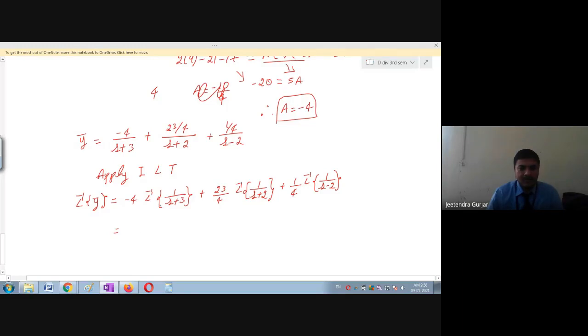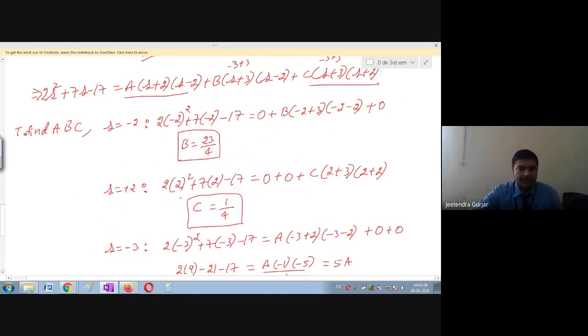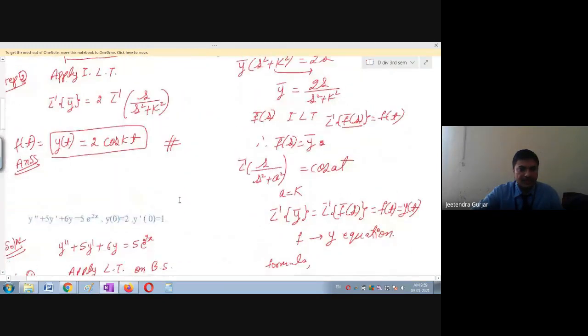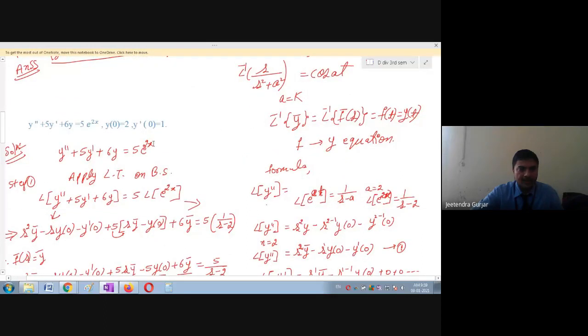So now you can see you are going to apply the inverse Laplace transform. Now, which formula you are going to use? So this is minus 4 e raised to minus 3, but this is in terms of x. So I think you can see here they have given x is the variable, not t. So t is not the variable here. Please remember it is x is variable.